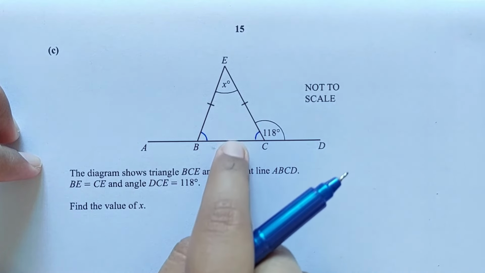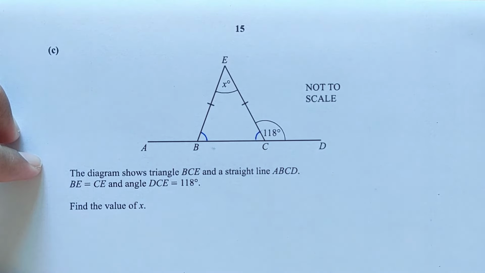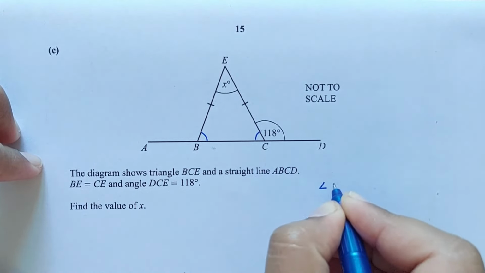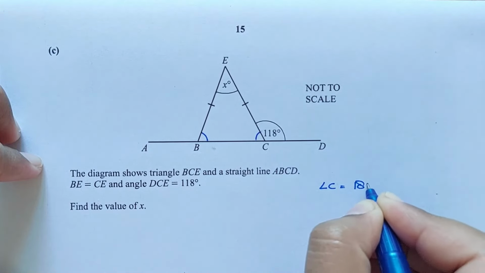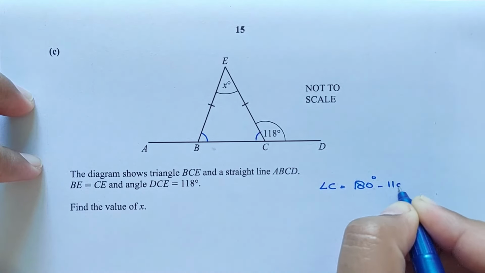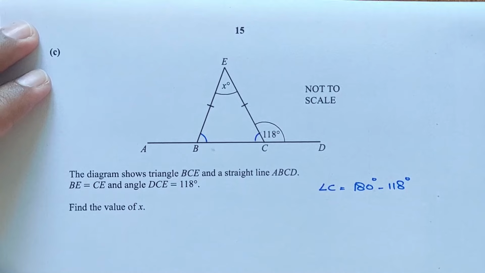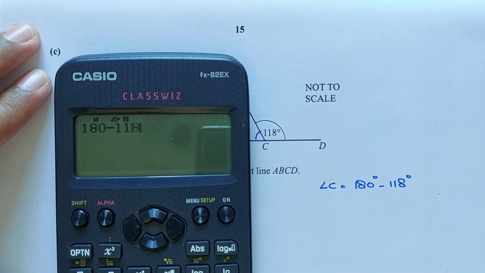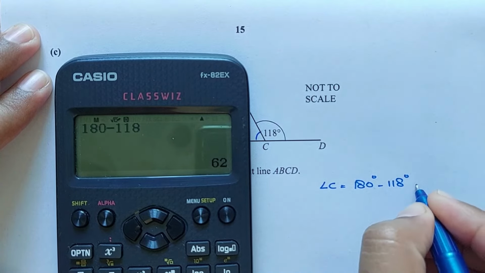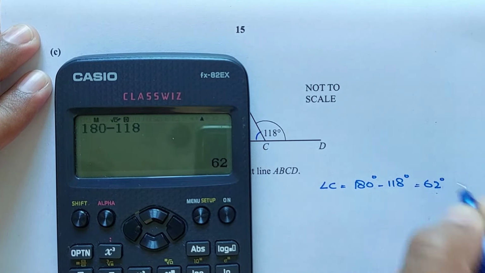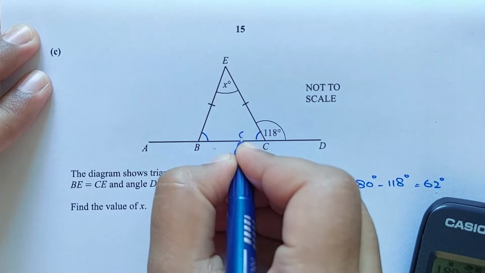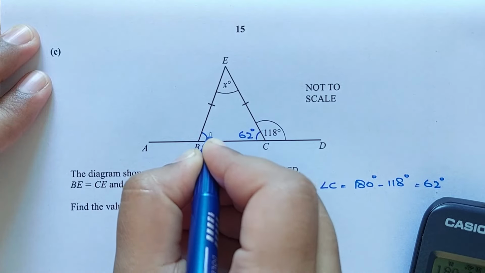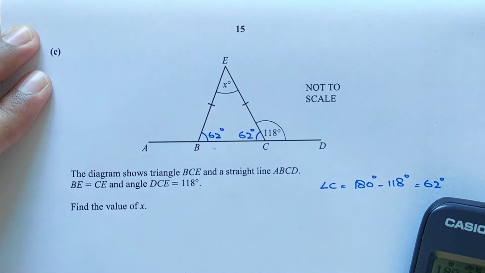Angles on a straight line add up to 180 degrees. So we can say angle C is 180 subtract 118. So 180 minus 118 is 62. This angle is 62 degrees. If this angle is 62, the angle B is also 62 because this is an isosceles triangle.